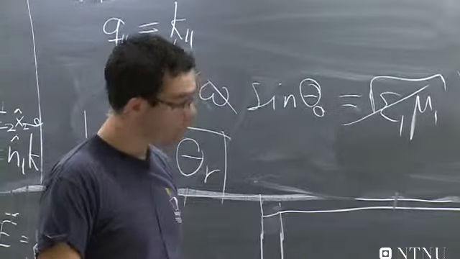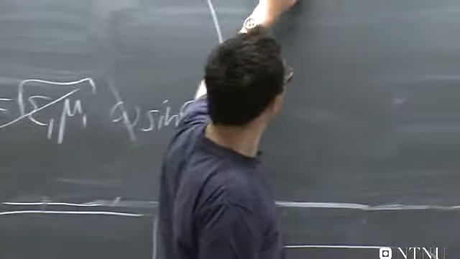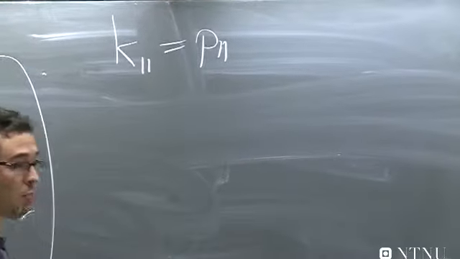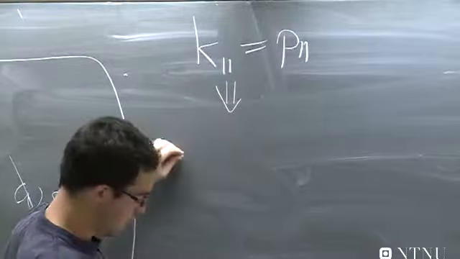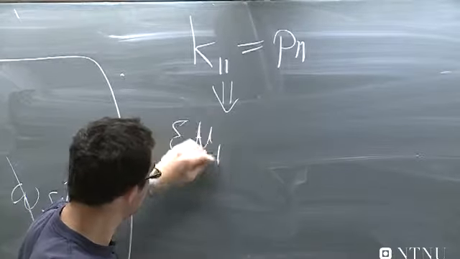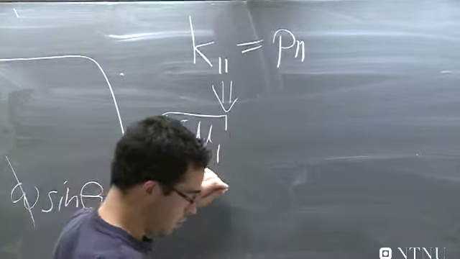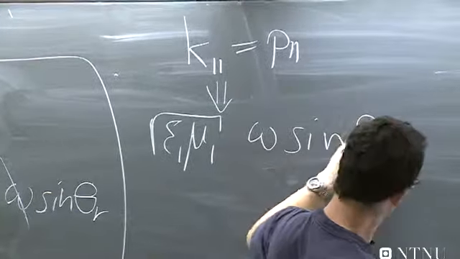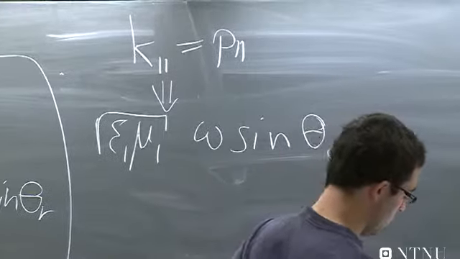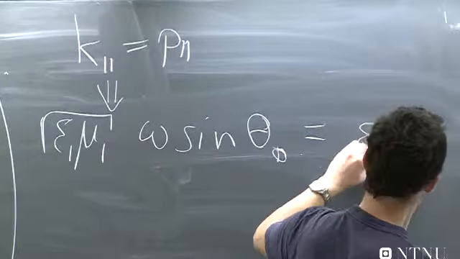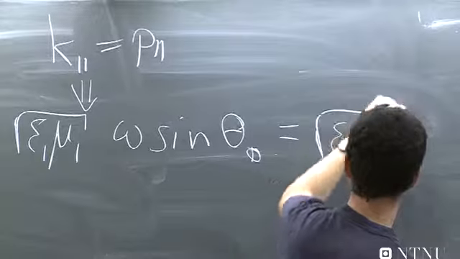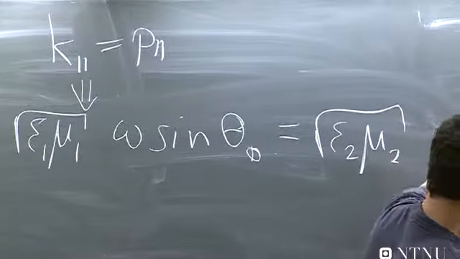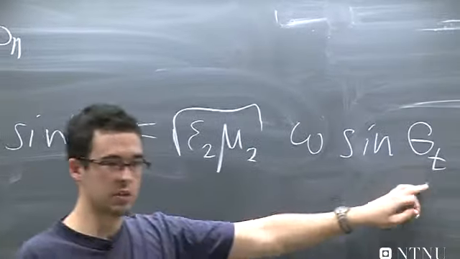Right? And now we also have that k parallel is equal to p parallel. This would imply that epsilon 1 mu 1 omega sine theta naught is equal to epsilon 2, and it's the same all over, except now we have the transmitted angle.